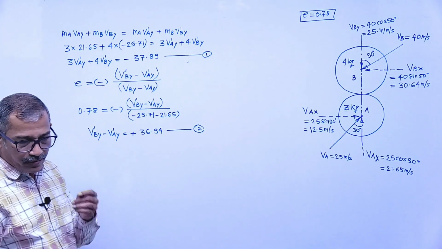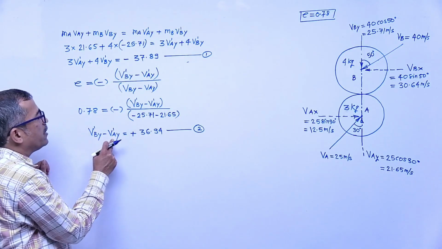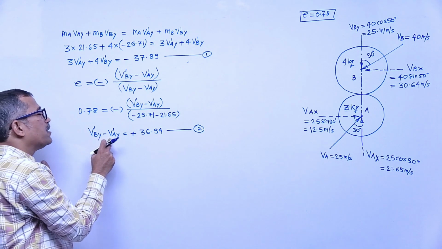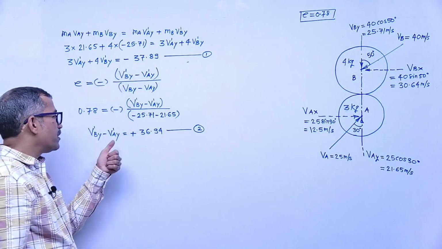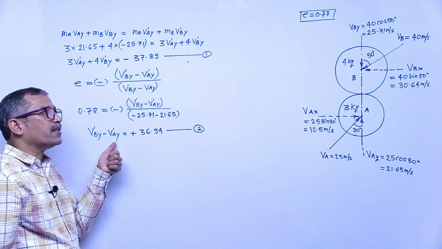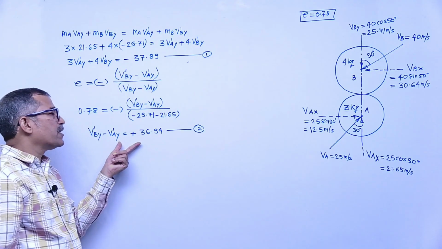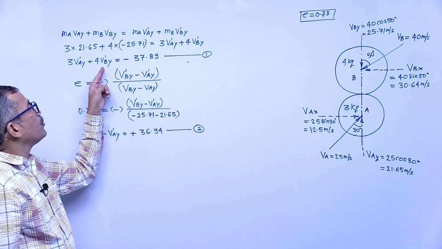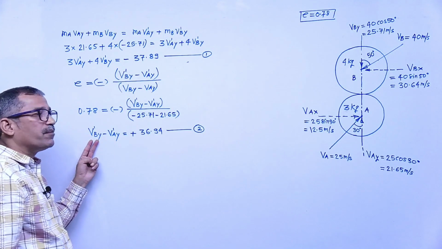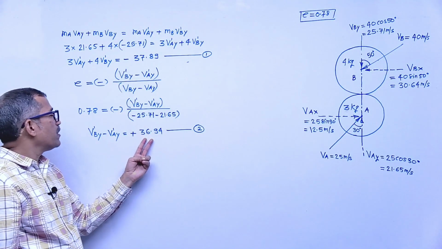So what we'll do, from these equations 1 and 2, we multiply this equation by 3 so that we get minus 3 VA dash y, and then add the other equation, which has plus 3 VA dash y. Then 4 VB dash y and 3 VB dash y add to 7 VB dash y, equal to minus 37.89 plus 3 into 36.94.